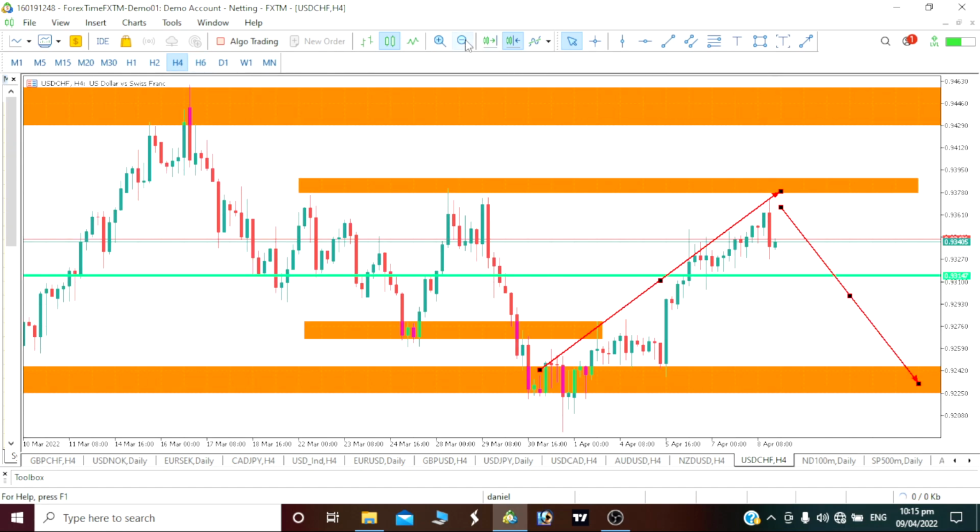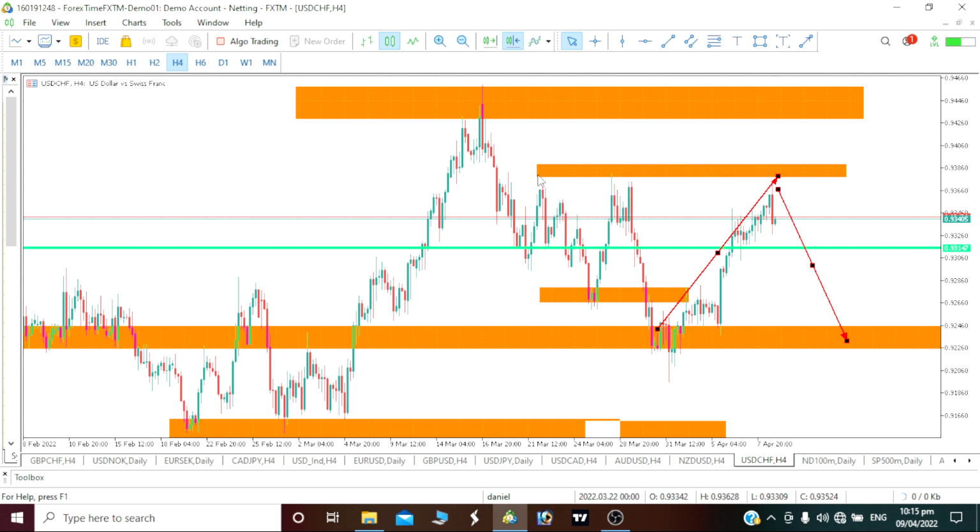It has given us that bullish move, right? So we see a rejection here, we see a rejection here, definitely we are going to be seeing a rejection here. And possibly we might not just get that rejection, we want to be seeing a little bit of push up, then we see that fall on our USD Swiss franc.